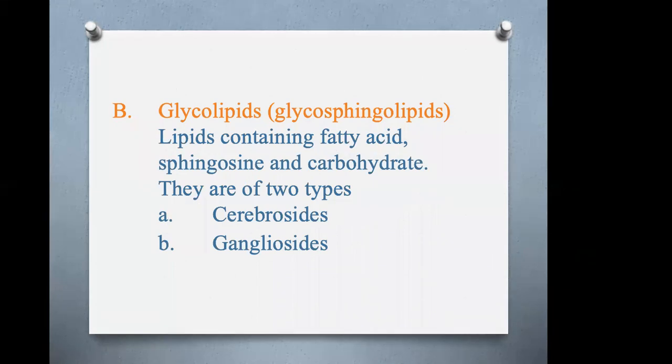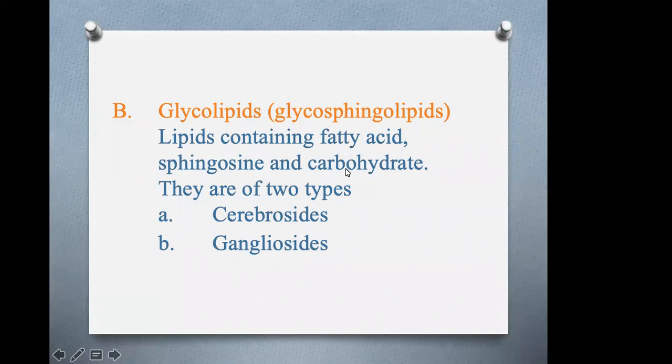Number 2 group is glycolipid, which is also called glycosphingolipid. Fatty acid and alcohol are present in every lipid, but the addition of other groups makes the classification further. Glycolipids contain fatty acid, sphingosine, and here an addition of carbohydrate.